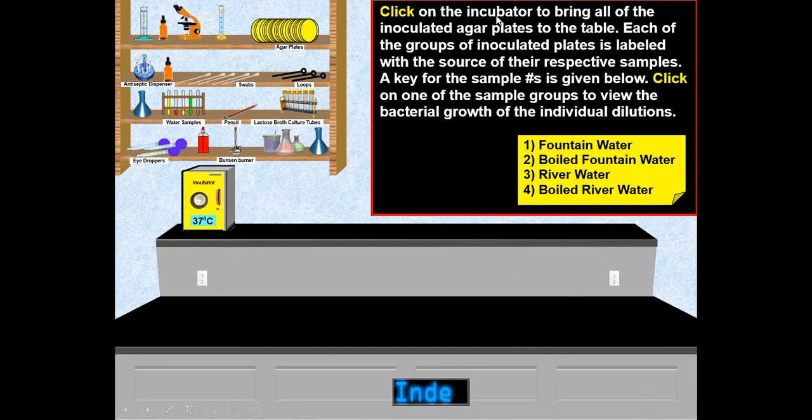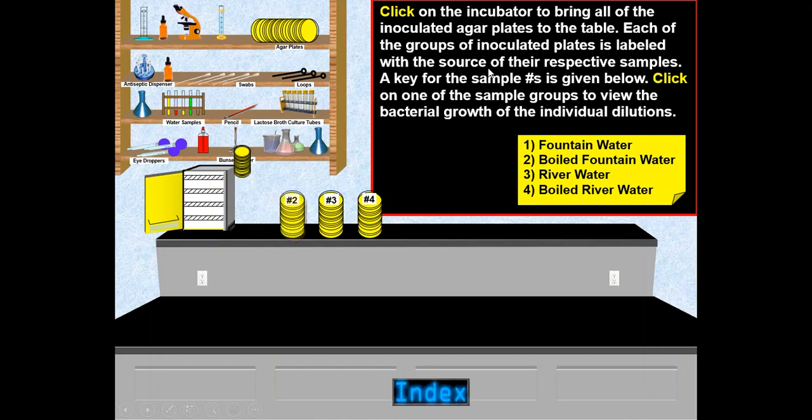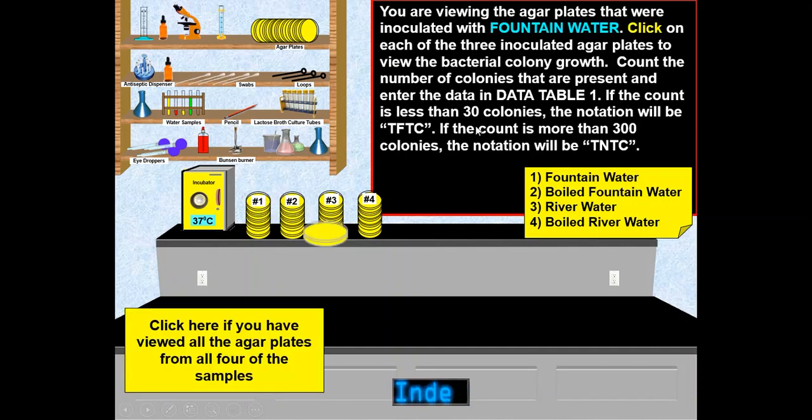Okay, click on the incubator to bring all of the inoculated agar plates to the table. Each of the groups of inoculated plates is labeled with the source of their respective samples. So the first one is the fountain water.